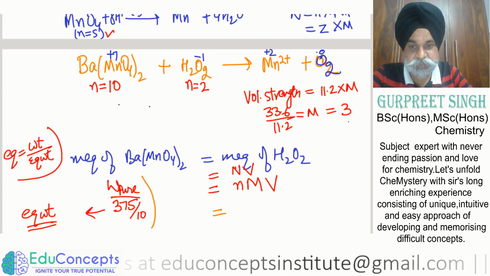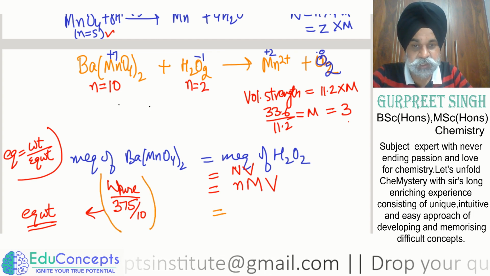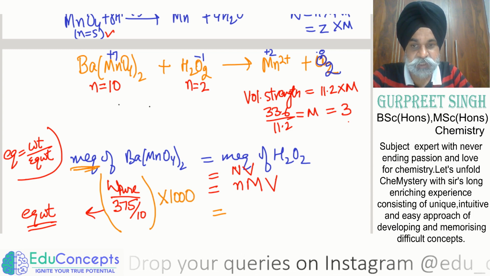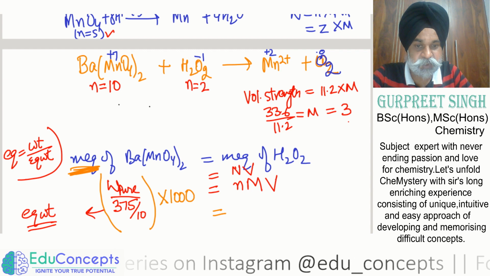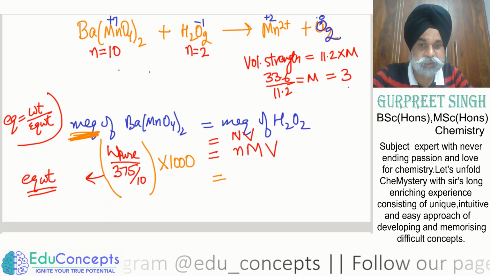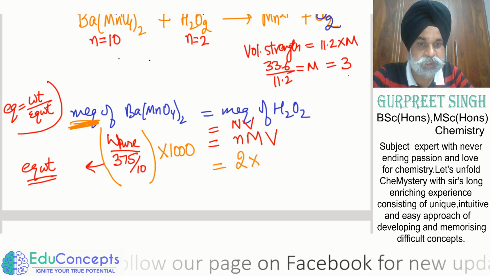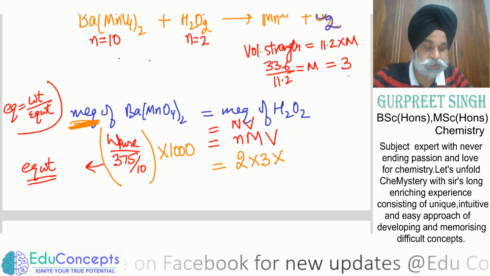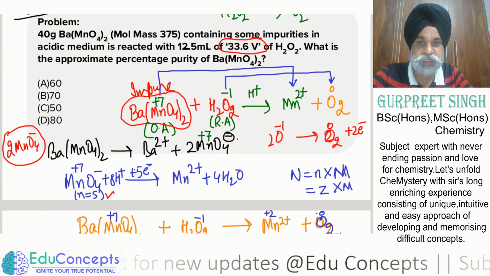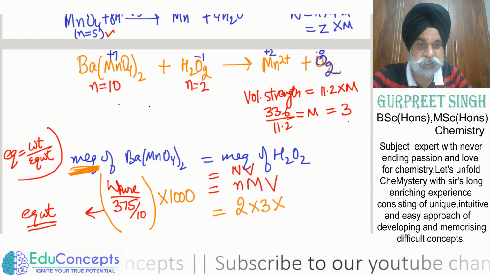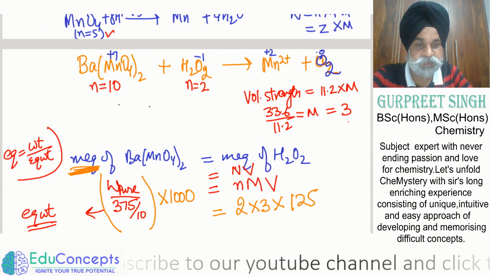So this was equivalents, and if multiplied by 1000, this would become milliequivalents, because here the volume is in milliliters. So I would say this would come out to be 2 into 3 into how much is the volume given? It is 125 ml. So I would say it would be 125.